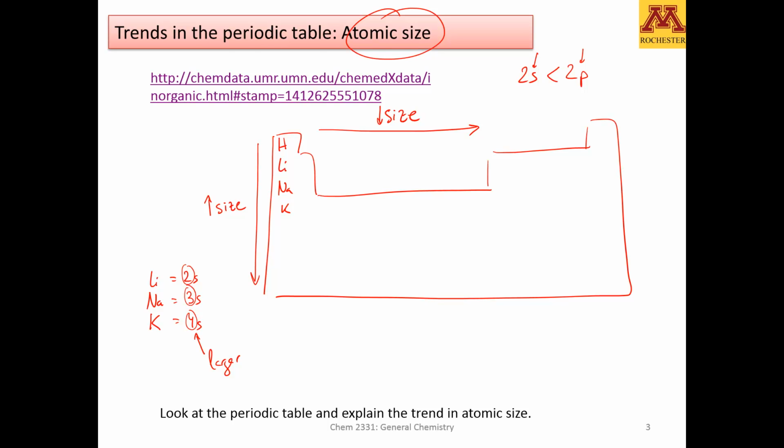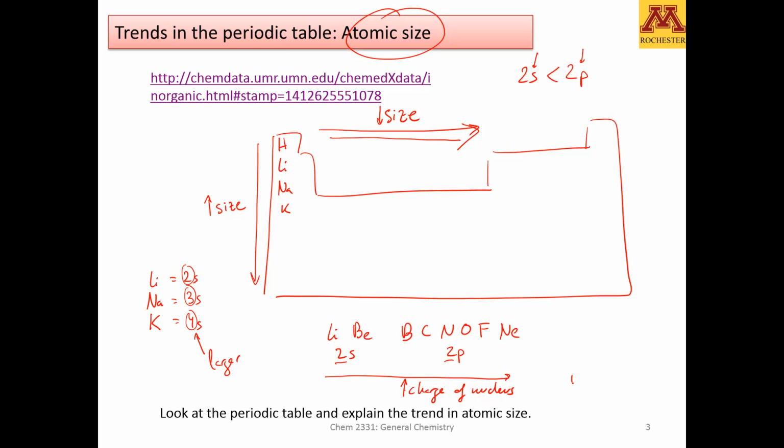It may be a little bit more intricate to understand why, when going from left to right, the size decreases. In this case, as you go from lithium, beryllium, boron, carbon, nitrogen, oxygen, fluorine, and neon, why is it that the size decreases? Well, notice that the electrons are in the 2s and the 2p, so the size of the orbitals is similar. But as you go from left to right, the charge of the nucleus increases.